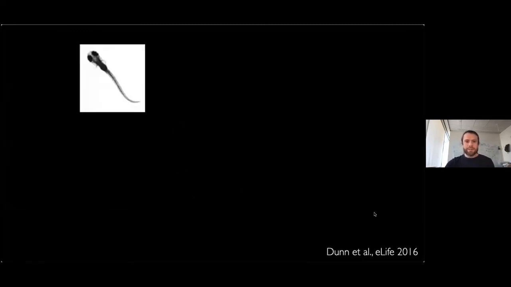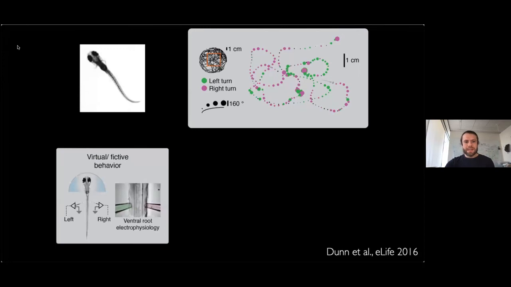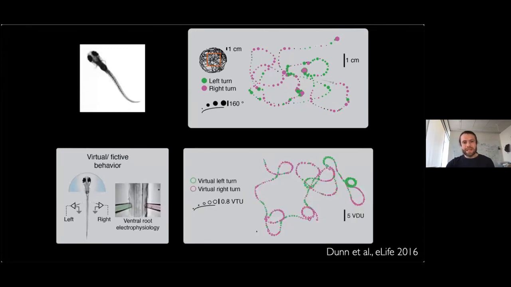So to show you what this looks like in a swimming fish, I think this is the same trajectory as you just saw, or a similar one from another fish. And this is the same thing in virtual space using the type of virtual reality techniques that I just described to you. You also get these correlated turn sequences.